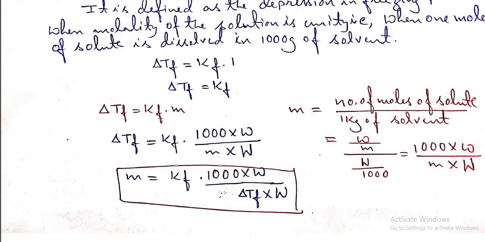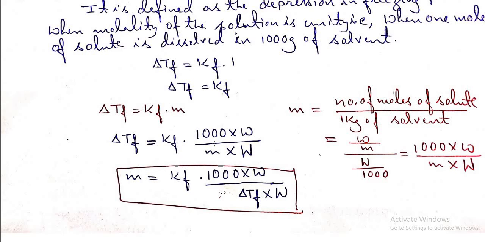Now we have got this expression. As we know, molality is given by number of moles of solute per 1 kg of solvent, which is given by small w by small m, capital W by 1000. So you will get this equation, and we can replace this in place of m.